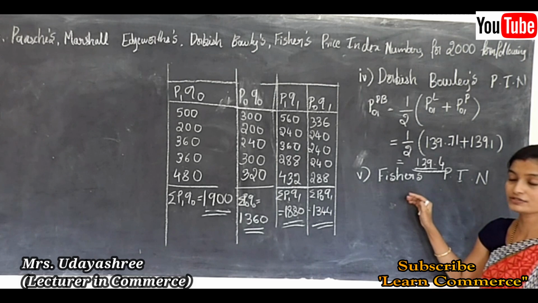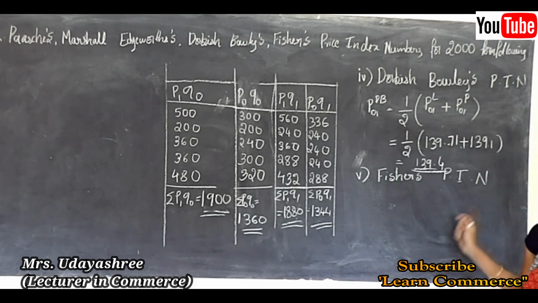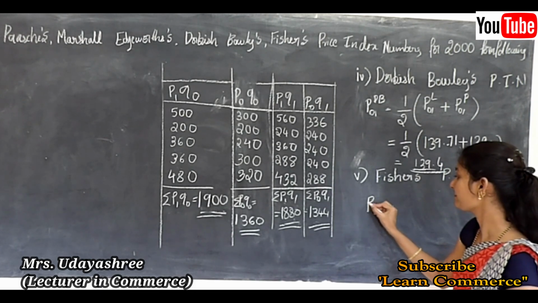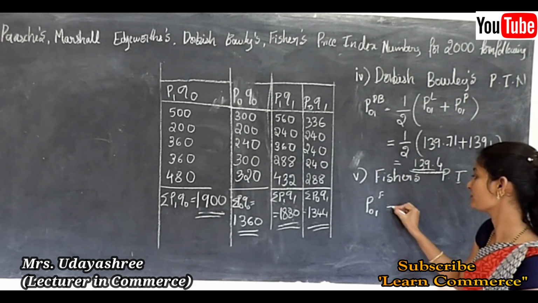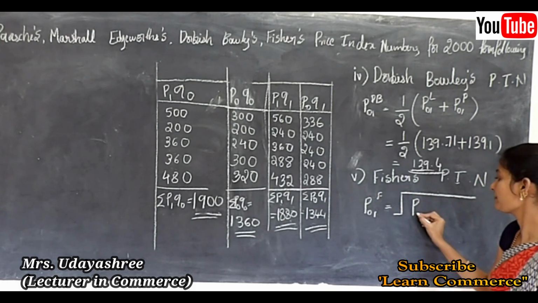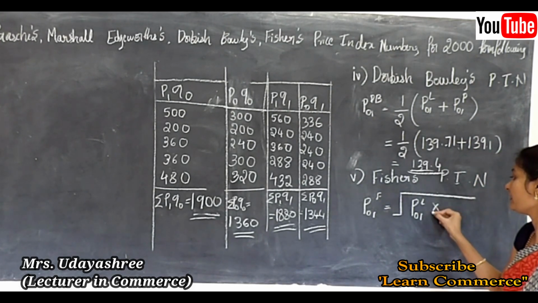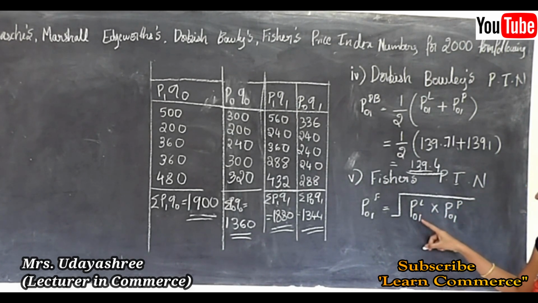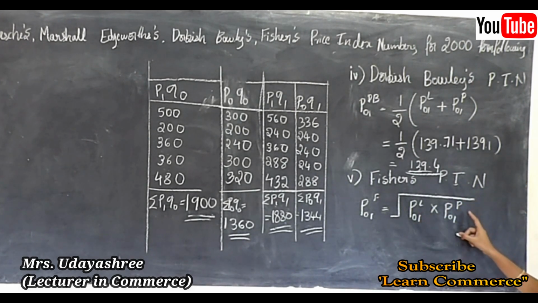Let us see how to solve Fisher's price index number. To calculate Fisher's price index number, the formula is P01 F is equal to square root of P01 L into P01 T. This is last year's price index number, and this is past year's price index number.